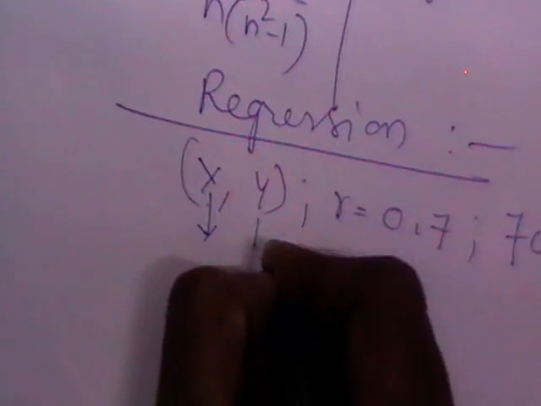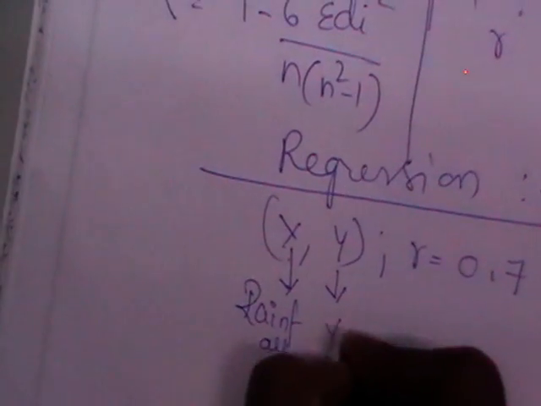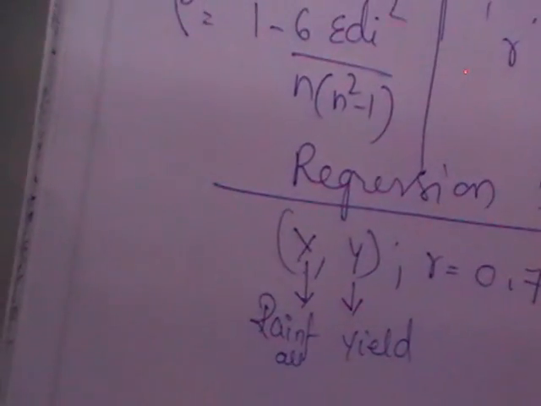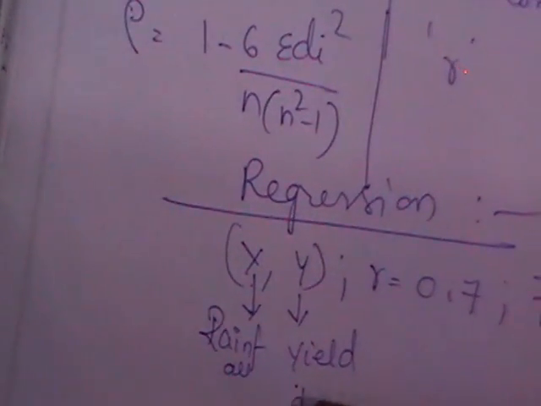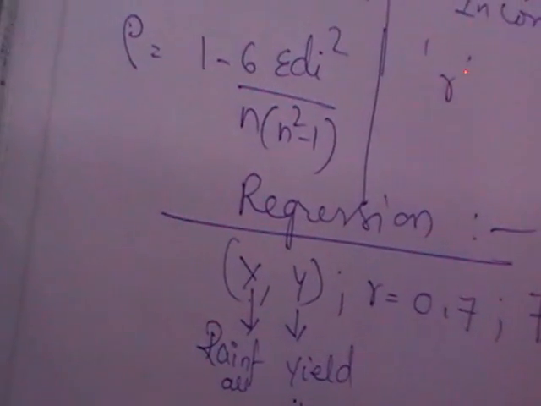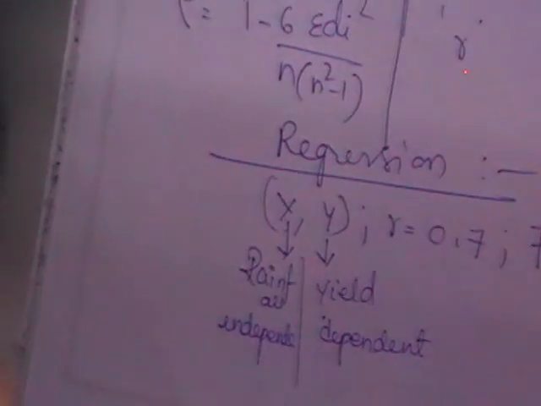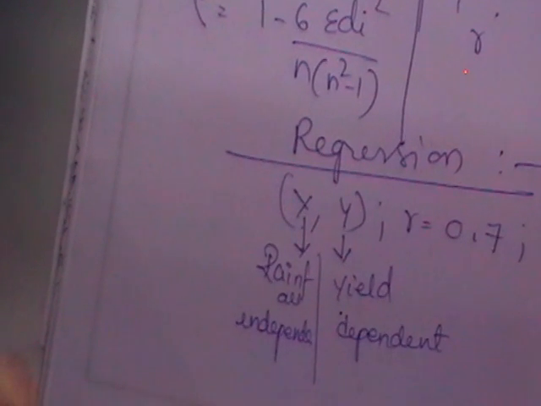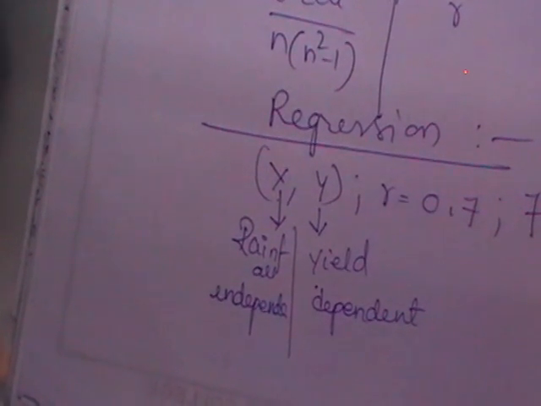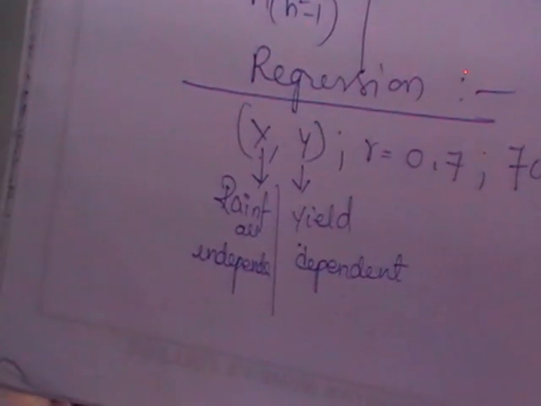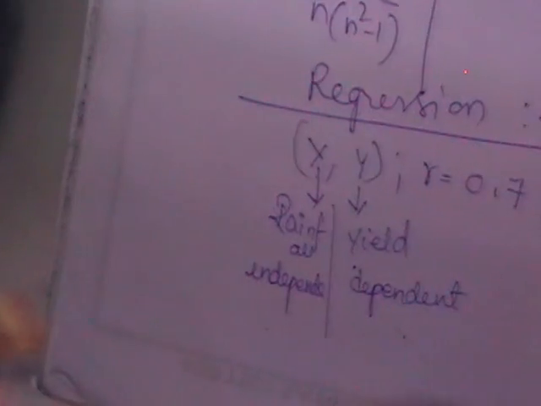Take the same example, x as rainfall and y as yield. Under regression we classify these two variables, one as the dependent variable and the other as the independent variable. We have no such identification in correlation, which is one statistical tool that gives just an idea of the relationship between variables. Using regression we can estimate the value of the dependent variable when the value of the independent variable is given.